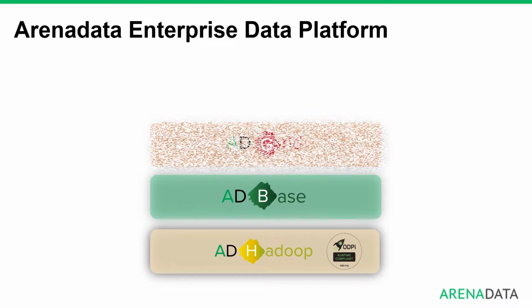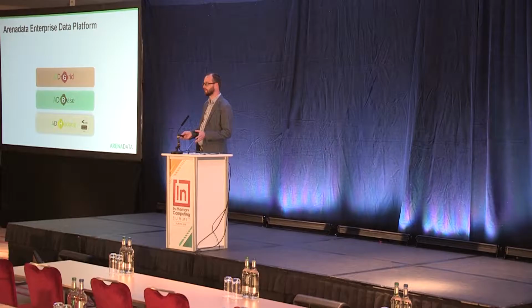And the last product, which is currently in development, which is not released yet, is called Arenadata Grid. It's based on Apache Ignite. It's very similar to the open source version of Apache Ignite. But currently we are developing the deployment and configuration tool, which allows you to deploy Apache Ignite using a graphical user interface without any XML reconfiguration.